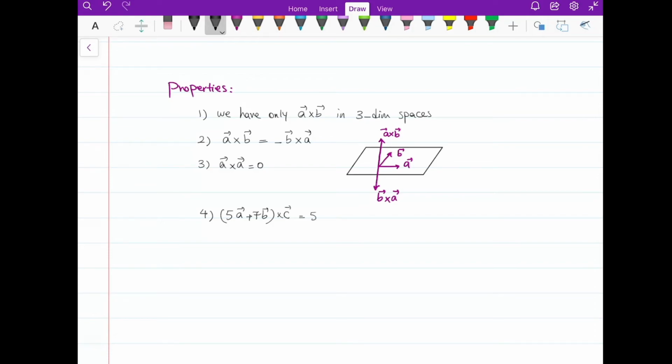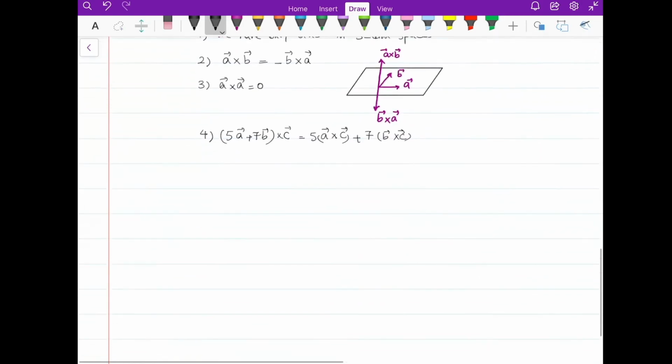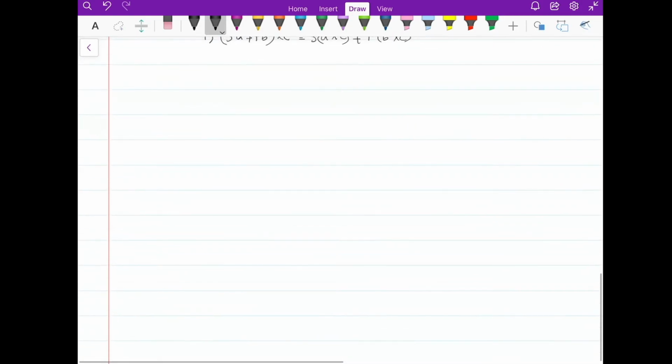It would be 5A cross C plus 7B cross C. So we have the distribution law here. And these were properties.